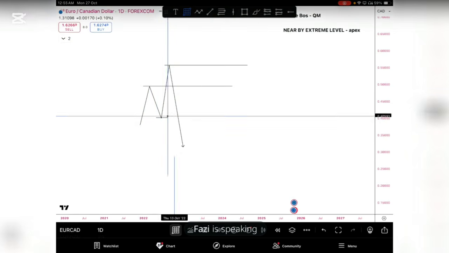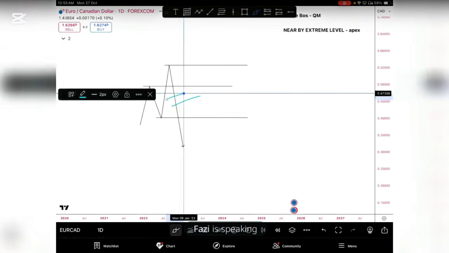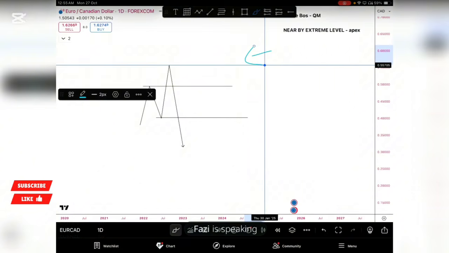So we are going to choose our entries by these three key levels, not any other key level, not the FVG or open close inside here, nothing. We are choosing the entries only by the apex level, the QM level, or the breaker level.